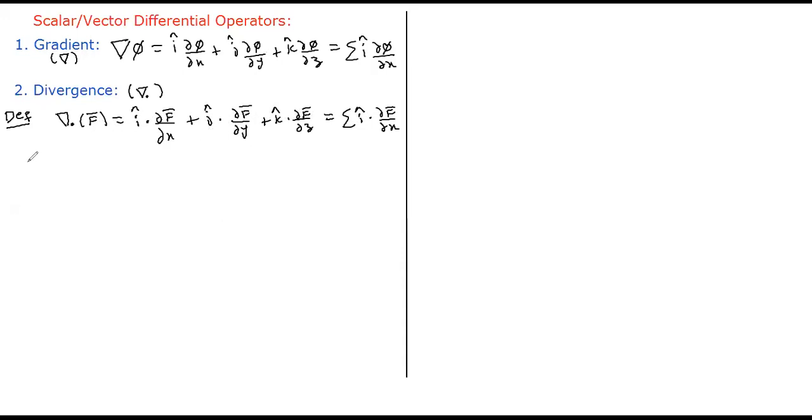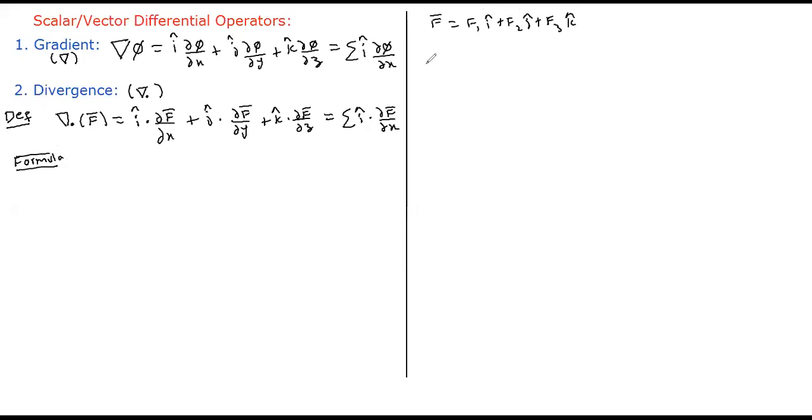Okay, so this is the definition, but there is a formula to compute the divergence easily. What is that formula? I will show you here. By default, f bar is f1 i bar plus f2 j bar plus f3 k bar.